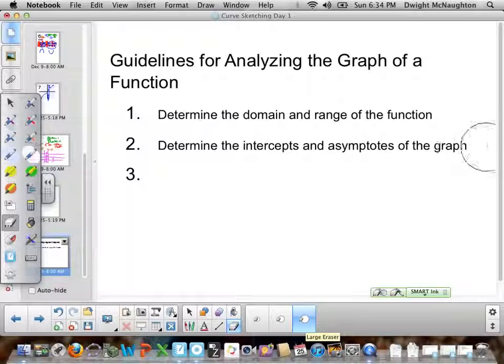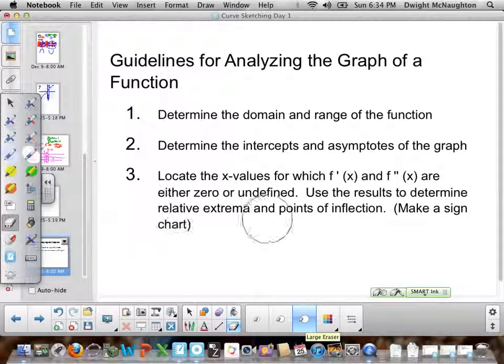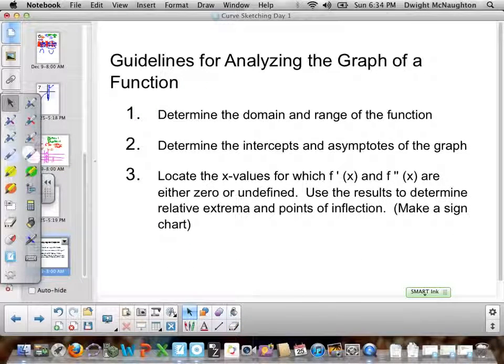Determine the intercepts and asymptotes. What makes the top 0 is your x-intercepts. Plug in 0 for x to find your y-intercept. Limits at infinity and approaching and infinite limits are your asymptotes. And then finally, make a sign chart. Look for increasing, decreasing, concave up, concave down, inflection points, and extrema.